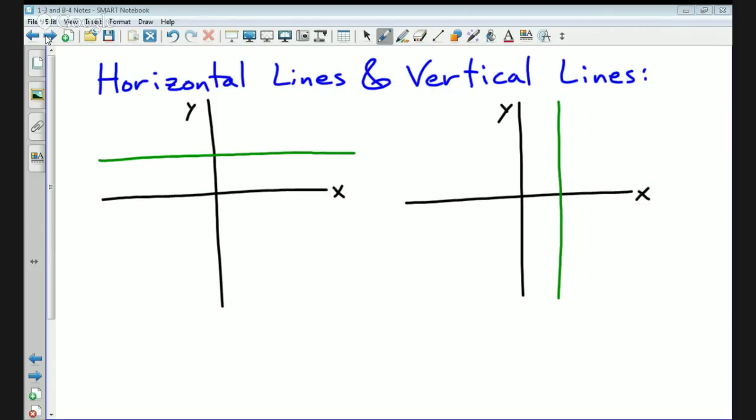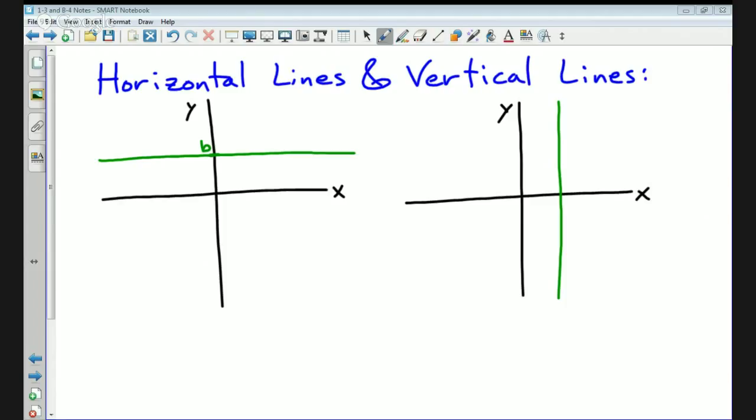So now when we look at these two, horizontal line and vertical line, how can we write an equation for those? The nice thing about the horizontal line is that the y value isn't changing at all the way across it. If the y value doesn't change, that means your slope is going to be 0. So really all you need for this horizontal line is to say, all right, what is the value, I'm going to label this b, where it crosses, what is the value of your y-intercept?